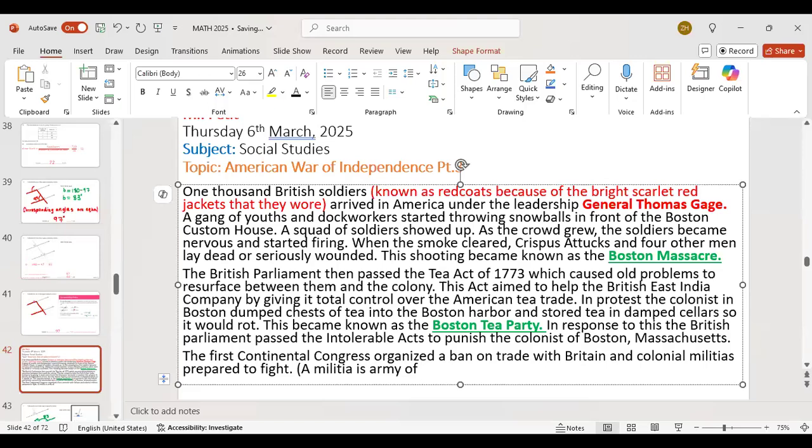Not professional, but people who are just tired of the British doing foolishness. So a militia is an army of ordinary citizens rather than professional soldiers.